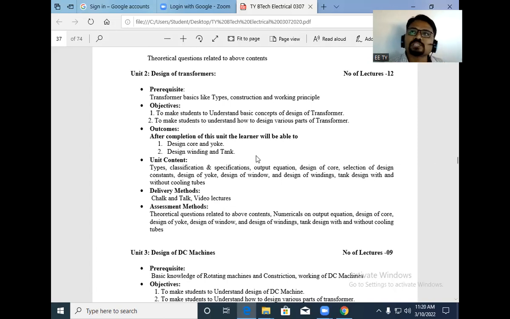From section number first, this chapter, the design of transformer, is very, very important. This chapter has more weightage in section number first, because many questions are asked from this second chapter. See how many times the word design came here: 1, 2, 3, 4, 5, 6.